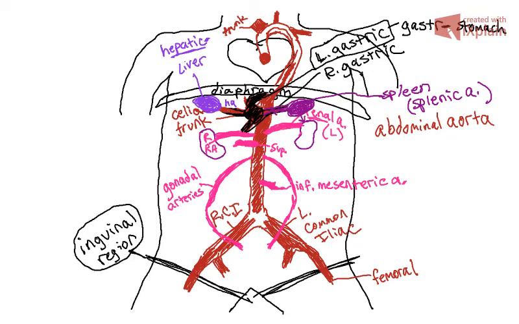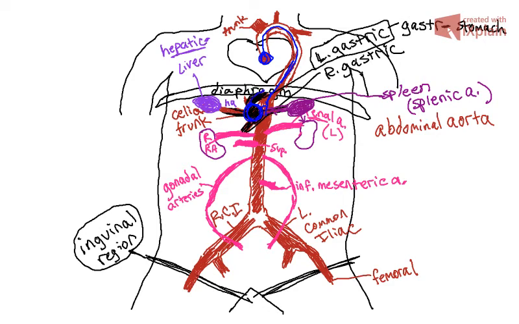Alright, so let's try to review here. We start up in the heart, and it goes up the aorta, over around the aortic arch, down the descending aorta, through the diaphragm, into the abdominal aorta. The first thing we see is the celiac trunk.